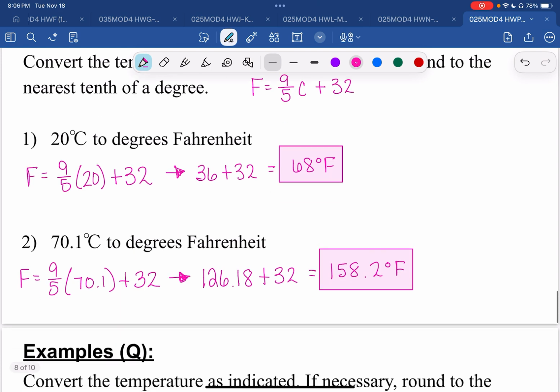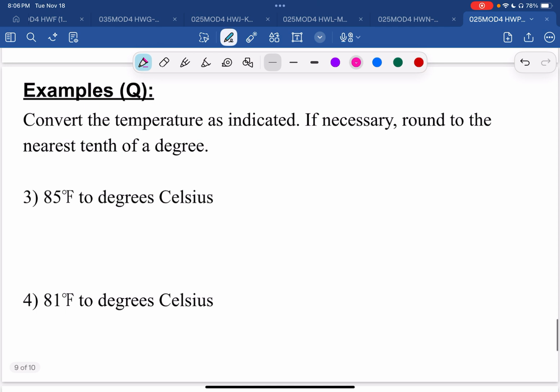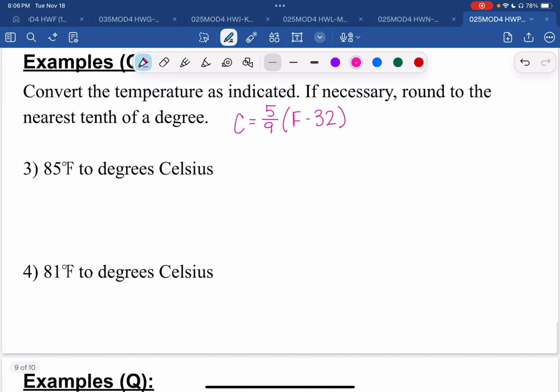Okay. All right. These are converting from Fahrenheit to Celsius, so we have a different formula. C equals 5 ninths times F minus 32. In this one, we're converting 85 degrees Fahrenheit to Celsius. So 5 ninths times 85 minus 32.